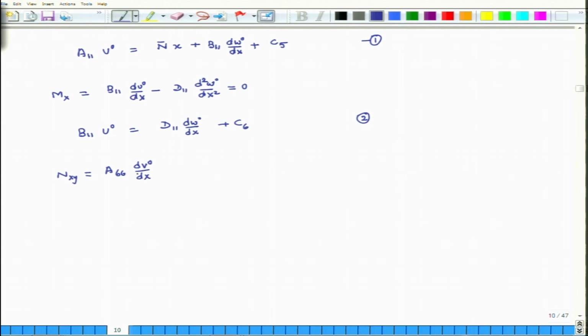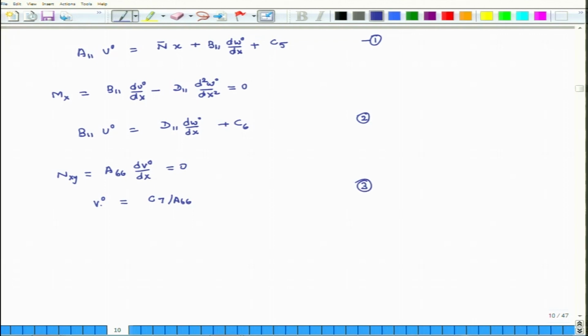So the other component is 0. This is what we are left with, and this is equal to 0. So from here we get v naught equals C7 by A66. This is equation 3.